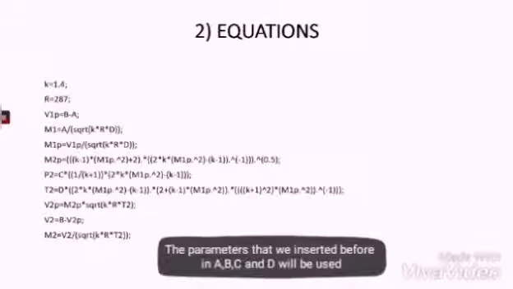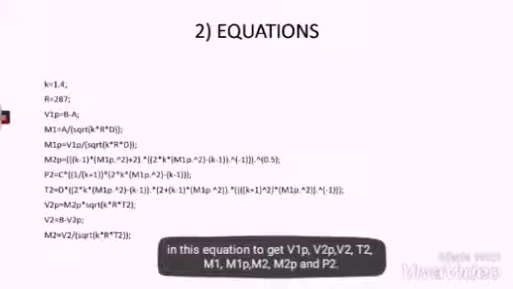The parameters that we inserted before in A, B, C, and D will be used in this equation to get V1 prime, V2 prime, V2, T2, M1, M1 prime, M2, M2 prime, and P2.